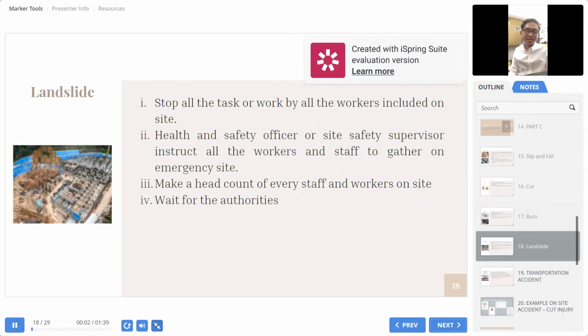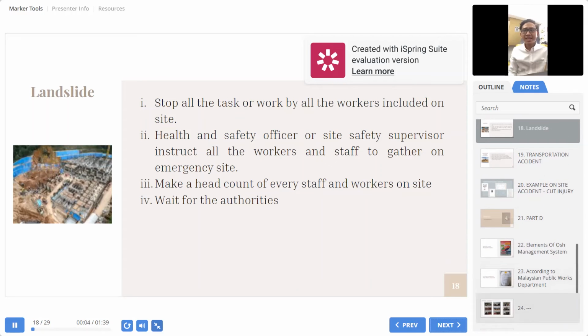The next one is a landslide. Landslide is an unwanted incident that could happen on a construction site. This kind of situation may occur due to two causes. The first one, it may happen as the result of an imperfect cut of slope done by the workers.